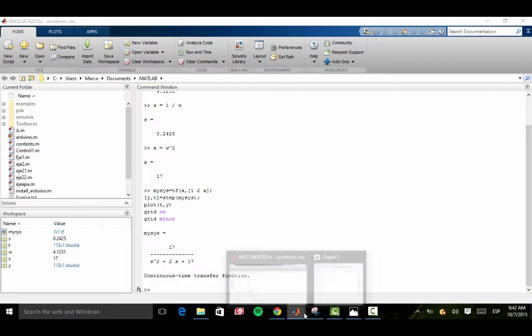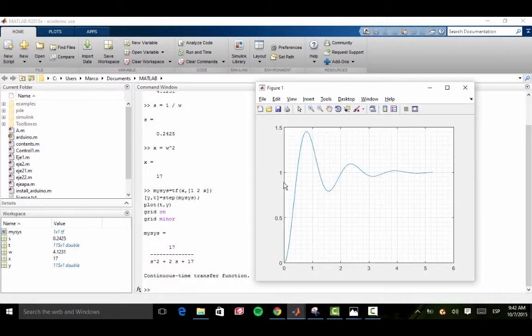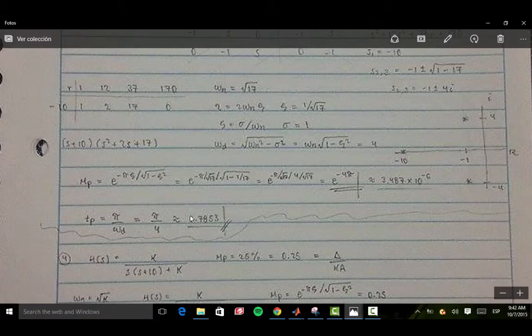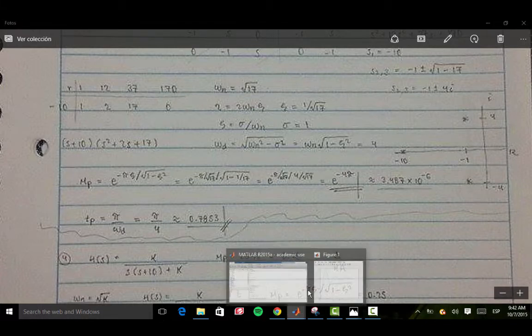With this we see the plot, and you can see k is just 1 right here. The peak time TP equals, let's see, TP is equal to 0.7853.